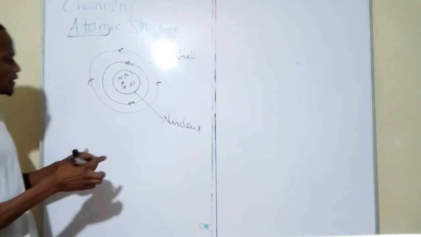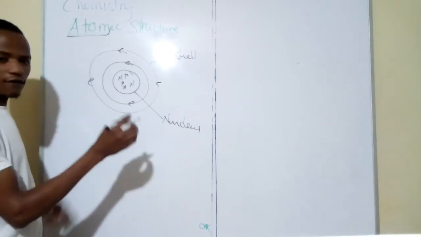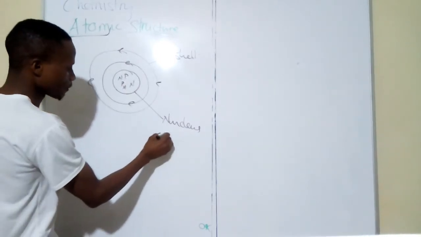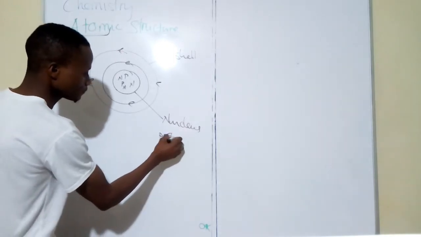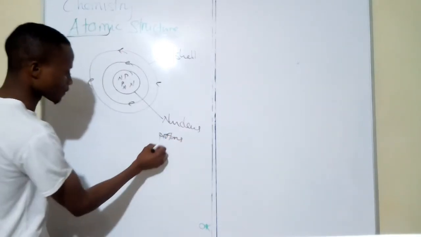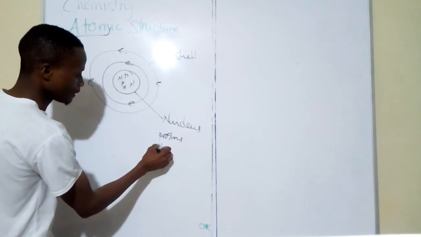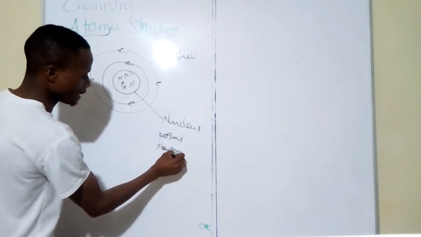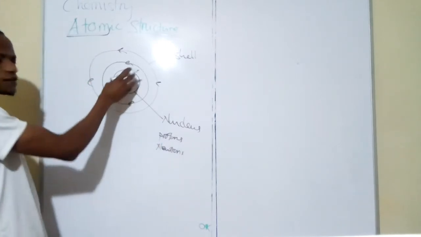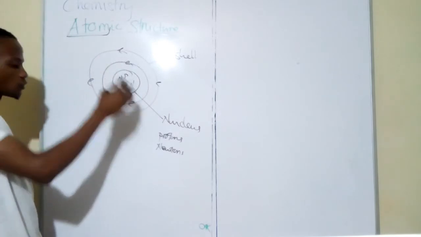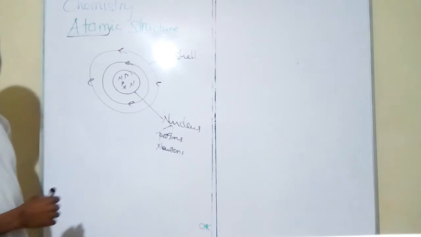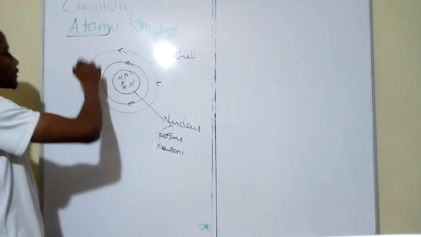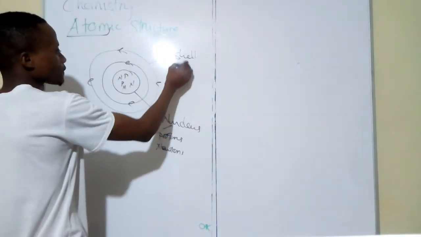Inside the nucleus of an atom, we have the particles called protons, represented by the letter P, and the neutrons, represented by the letter N. While in the shells, we have electrons.